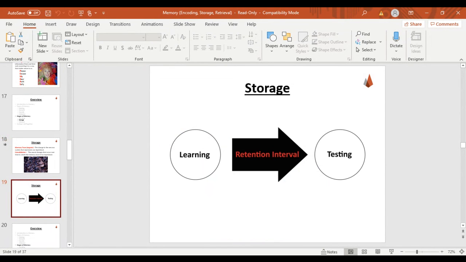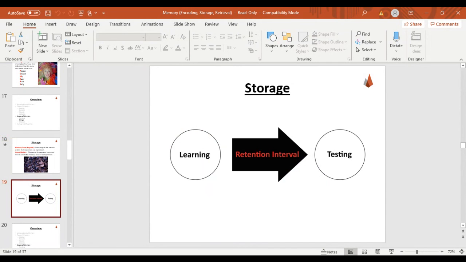In the same way, this is a process of learning. The reason we have this storage area is so that after we learn something, within 5 to 10 minutes, if we actually learned it, we should be able to retain that information and pull from it for a test or something like that.